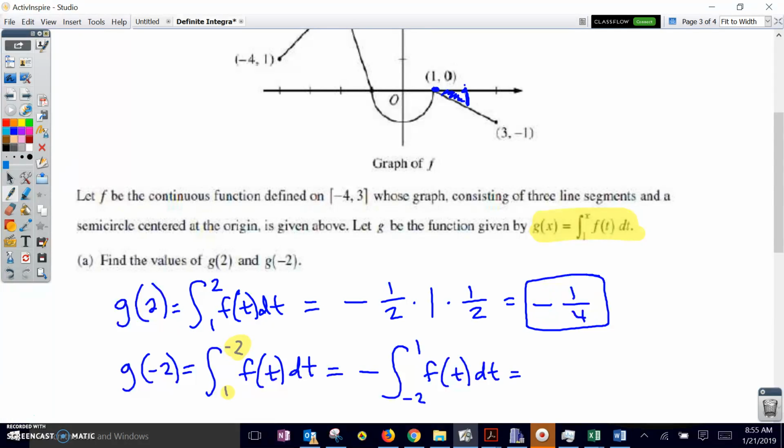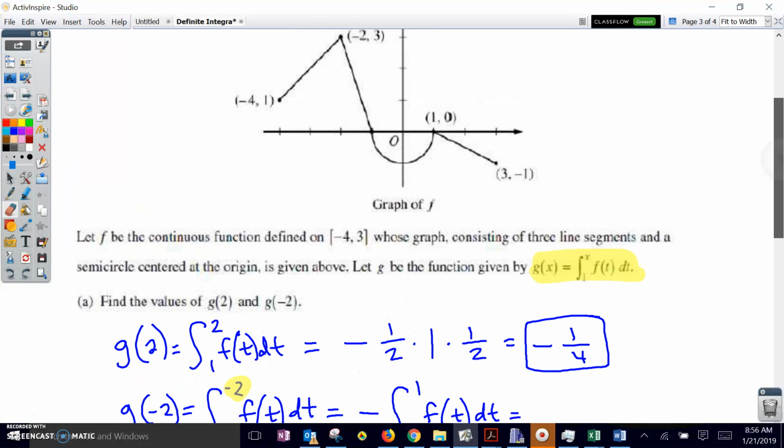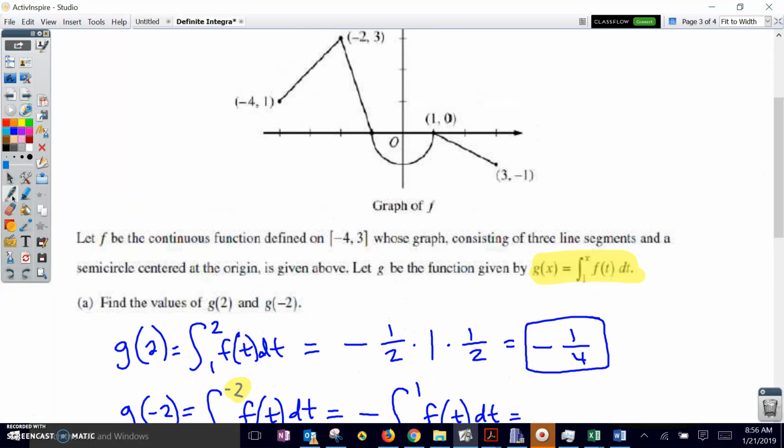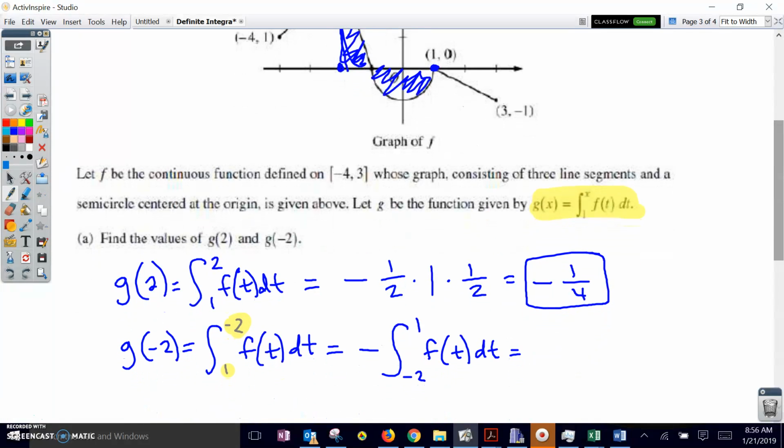I'm going to go back up to my curve here, and we're going to find the integral from -2 to 1. And so we start at -2 and go over to 1, and so we've got this positive area and this negative area in the semicircle. And so I'm going to keep that negative sign out in front.